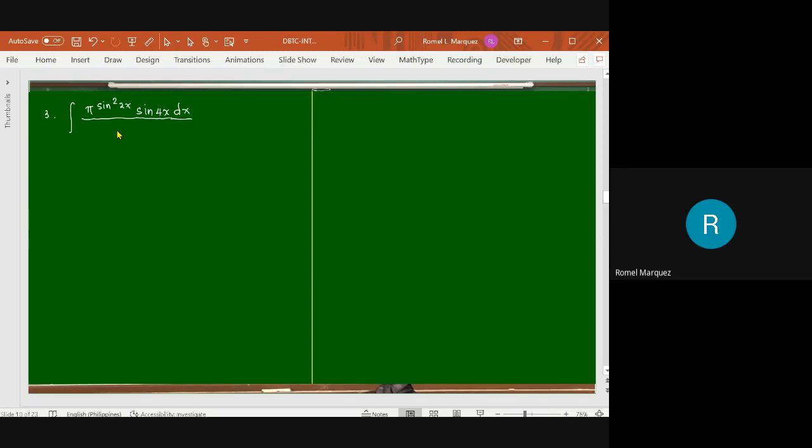Let's say 5 raised to sine squared 2x. Let's see if this is solvable because I just made it. Let's see if there's a solution for this. Which do you think is the possible u? Or do we need to manipulate it so that you can come up with an a to the u form? Is it already in a to the u form, guys?